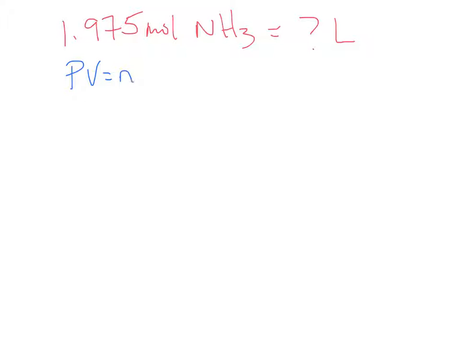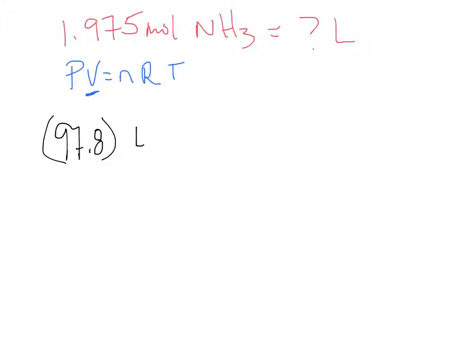Now here we remember we have, from the last page, we ended up with 1.975 moles of ammonia, and we need to figure out what is the volume in liters for this. So we're going to use PV equals nRT again, except this time we have to solve for volume. So once again we plug in our pressure, which in this case here in the lab said it was 97.8 kilopascals.